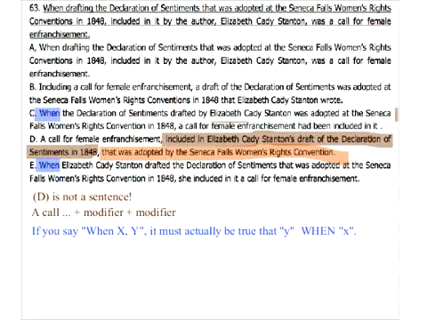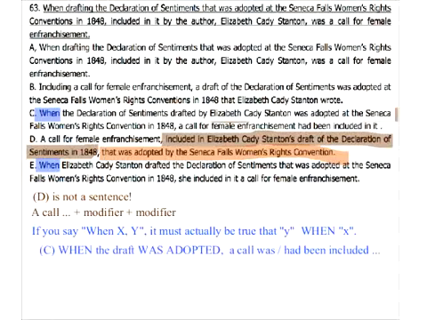In other words, the time frames have to match. So let's look at what they're saying. What's the message in C? C is saying when the draft was adopted, a call was, or whatever had been, whatever included.